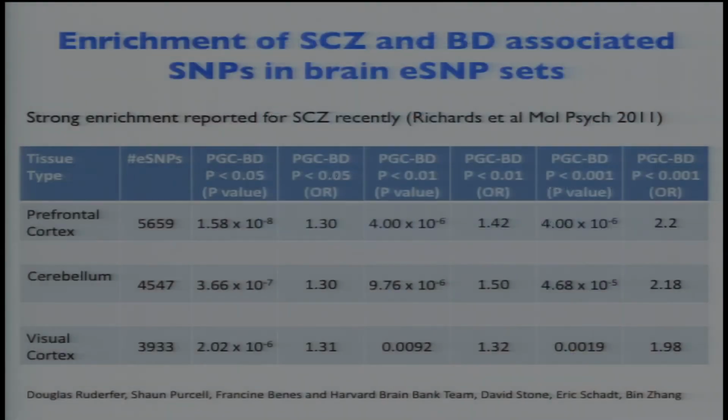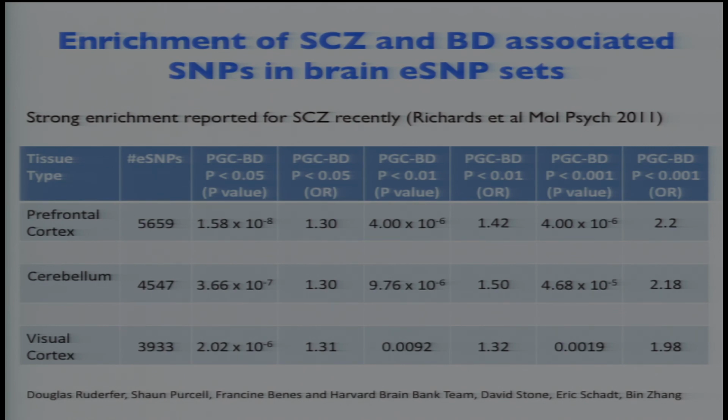The genes that we are identifying in these groups of association signals are not a random set. So what I've done recently is looked both at bipolar disorder, and this was recently published for schizophrenia, and asked the question, if we use a set of data that have been derived from the Harvard Brain Bank, where we've looked at expression QTL, so SNPs that control the expression level of proteins, is there enrichment of those among our association signals?